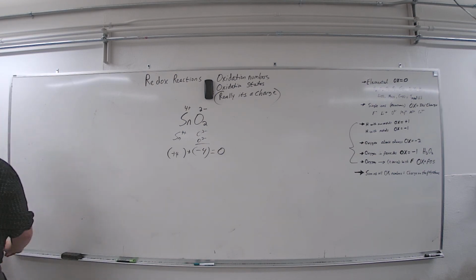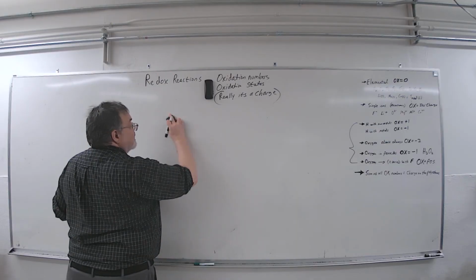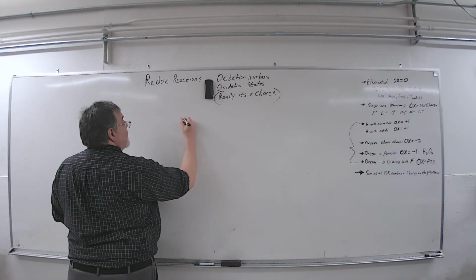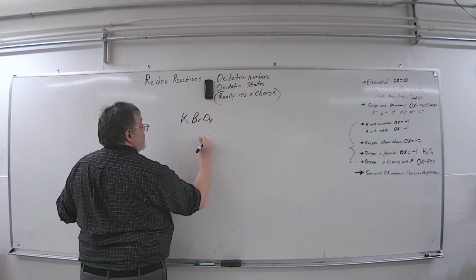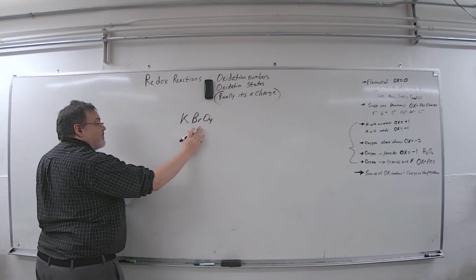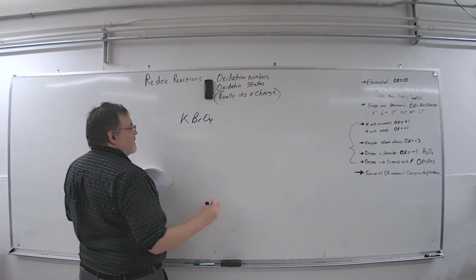Okay. Now what if I had this? This is called bromate. It may or may not have been in that list of polyatomic compounds.